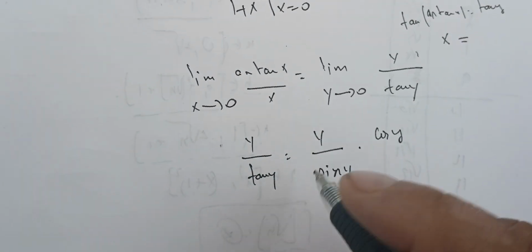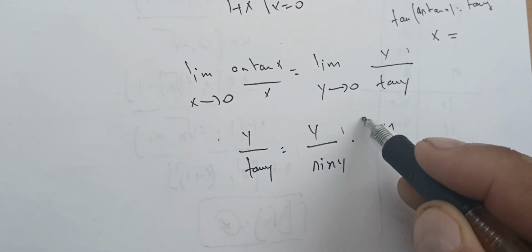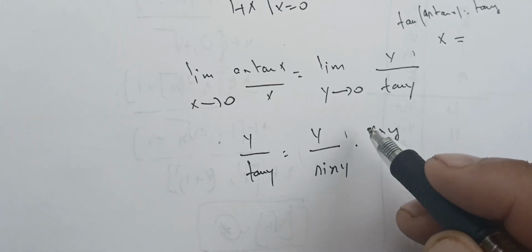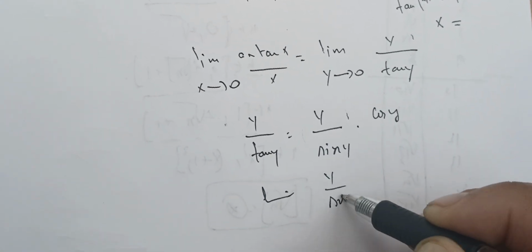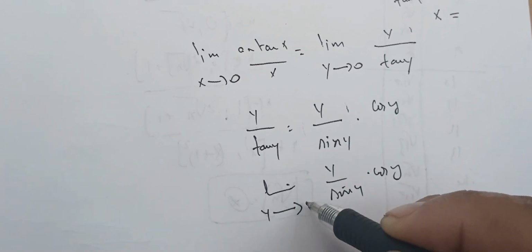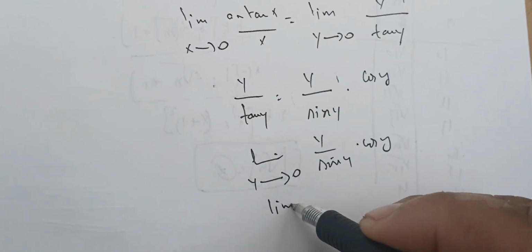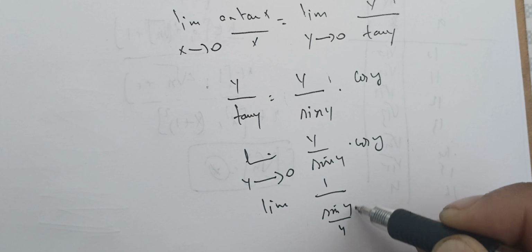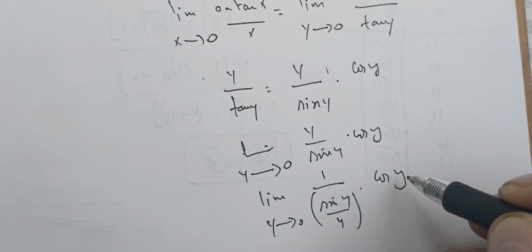Now, if I take the limit, I know that this one will go to 1, and this one will go to 1 as I take y to 0. Remember this limit, y over sine of y times the cosine of y as y goes to 0. Here I can rewrite this one as 1 over sine of y over y times the cosine of y.